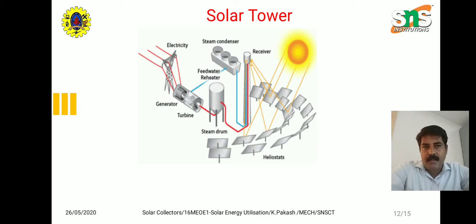You can ask, sir, there are many methods to generate electricity. What is the speciality in this solar tower? Here the two major things focused on are that the energy available is free of cost, which is the highlight of solar energy, and second, there is no pollution because of these solar power plants.